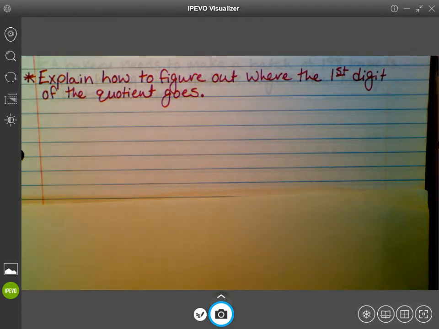Who else would like to share their explanation with the class? How would you explain this to someone else who doesn't know how to place the first digit in a quotient? Who else would like to share? Who would like to share out loud their explanation? I heard some good ones as I was walking around. I know not just Will came up with a good explanation.